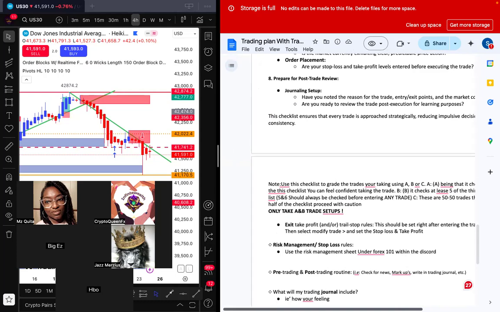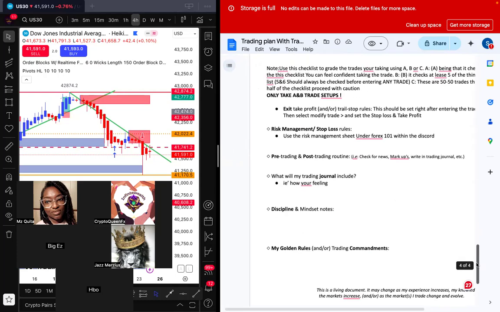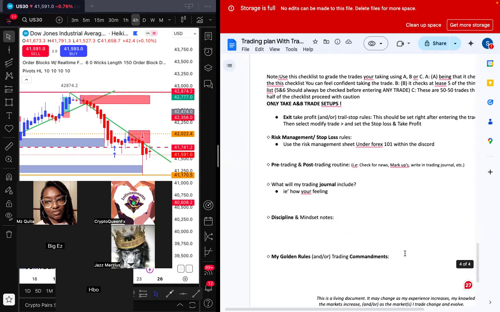This is why you should have the trading plan, and the trading plan also has your discipline notes that you follow, your golden rules that you set right here. As in saying, listen, I have a rule that if I lose anything more than $500, I'm closing my computer. Or if I lose more than 3 trades in a row, I'm not trading for the day.